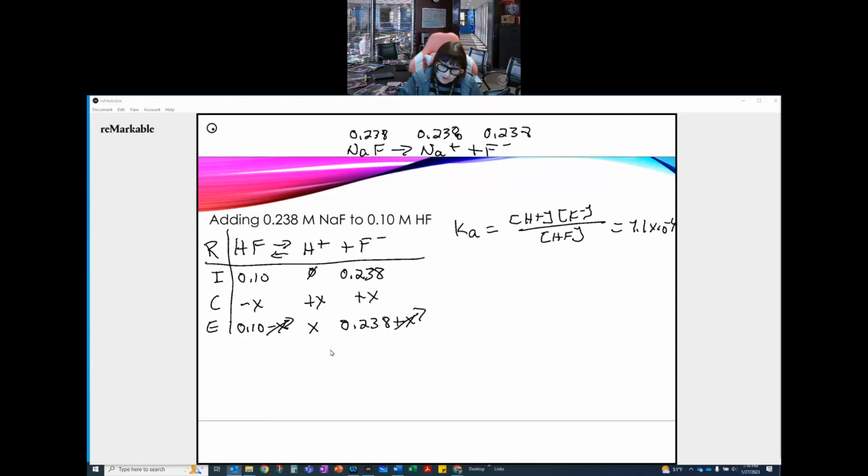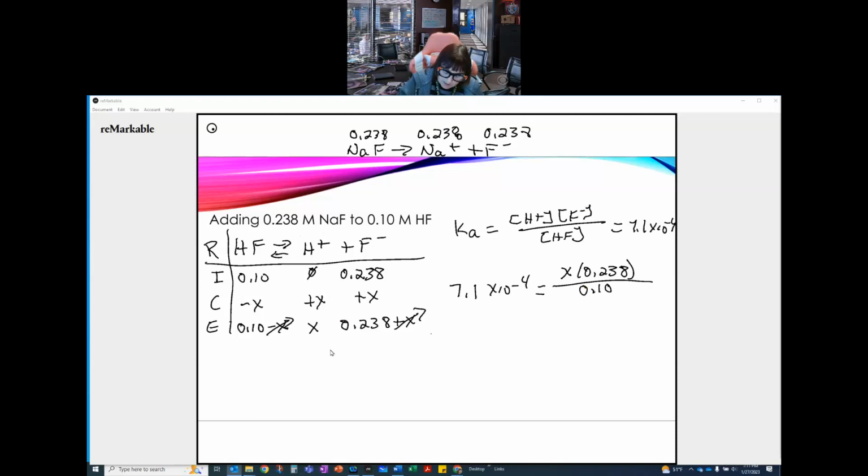So 7.1 times 10 to the minus 4th is equal to the H plus concentration, which at equilibrium is X, times my F minus concentration, which at equilibrium is 0.238 because we ignore the plus X, over the equilibrium concentration of the HF, which is 0.10. I need to solve for that X.